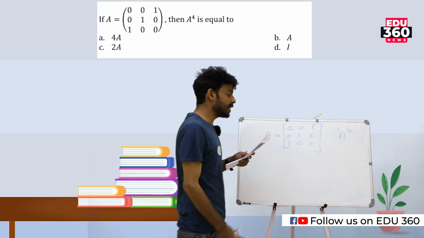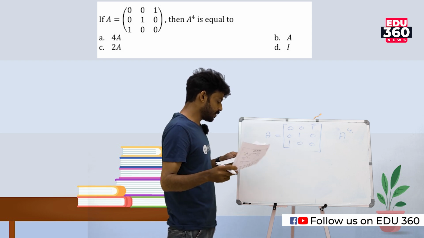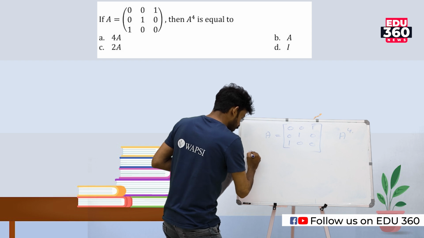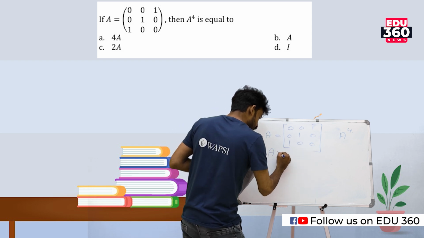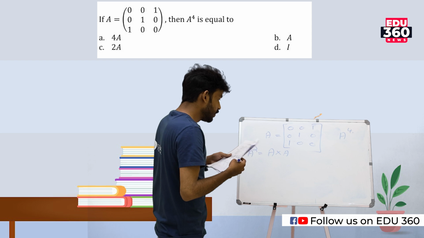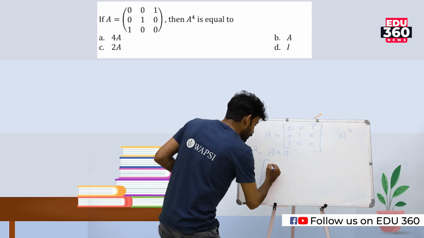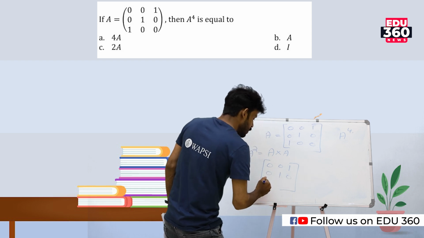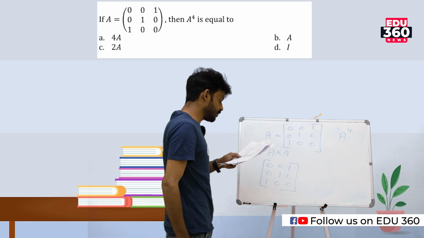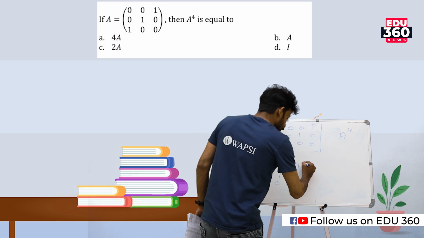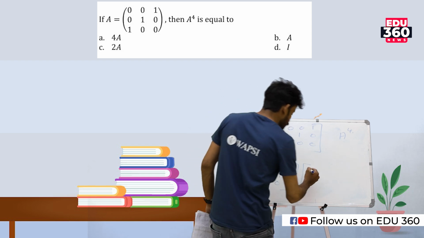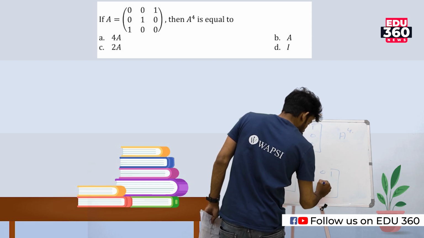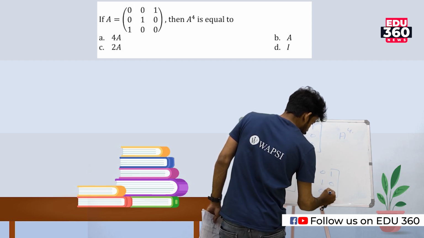First of all, we can find A square. What is A square? A square is just multiplying A into A. So in the next step, we write the matrix 0, 0, 1, 0, 1, 0, 1, 0, 0 into, again, the A matrix, 0, 0, 1, 0, 1, 0, 1, 0, 0.